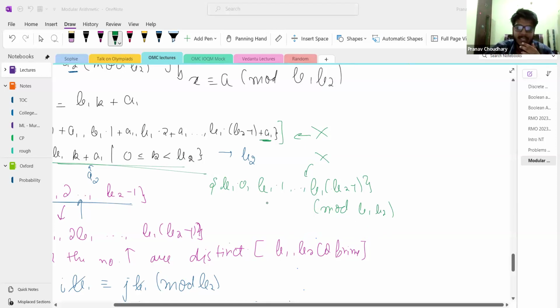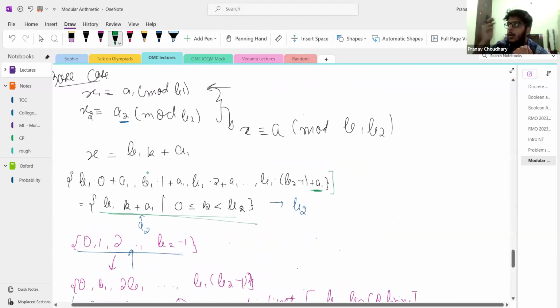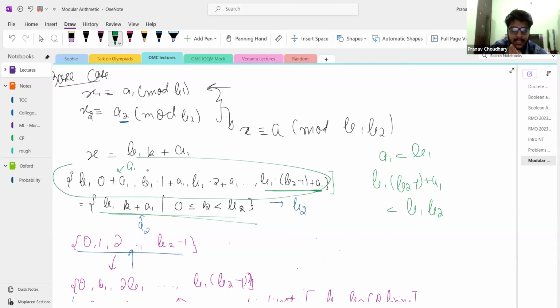Let's consider this set only. What is the lowest number in this set? The lowest is a1. What is the maximum number in this set? It is b1 times (b2 minus 1) plus a1. But since a1 is less than b1, this number is less than b1 b2, right? So this set is just some set of numbers which have remainders modulo b1 b2, and I know that my solution x lies in this set.